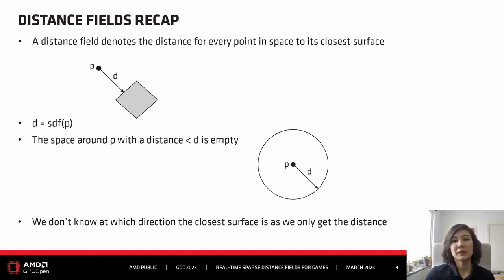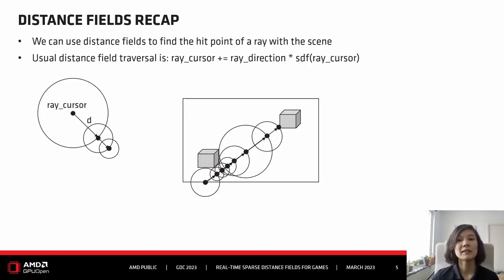What we don't get from the distance field is the direction where the surface is. But nevertheless, just the distance is already enough to traverse the scene. Traversing the scene is done to find the hit point of the ray with the scene, and this is typically done in an iterative way. You have the ray origin, here denoted as ray cursor, and then you have the ray direction.